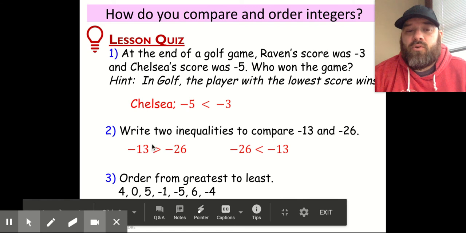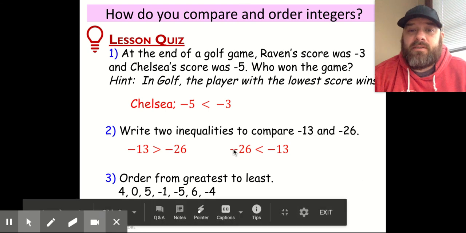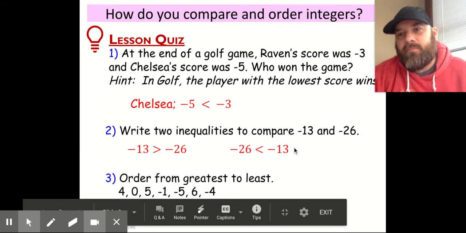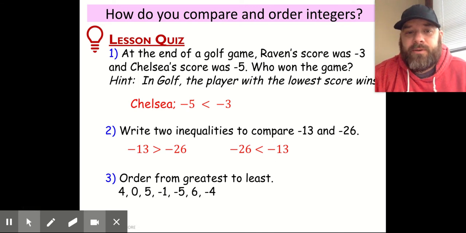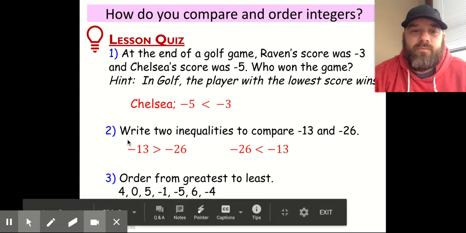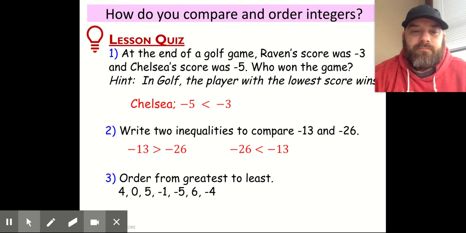So -13 is greater than -26. So we started with that one. So now let's start with the -26. -26 is less than -13. It seems simple, but it's really about thinking about how numbers compare to each other. And with integers, remembering that the smaller the number, the greater the value.